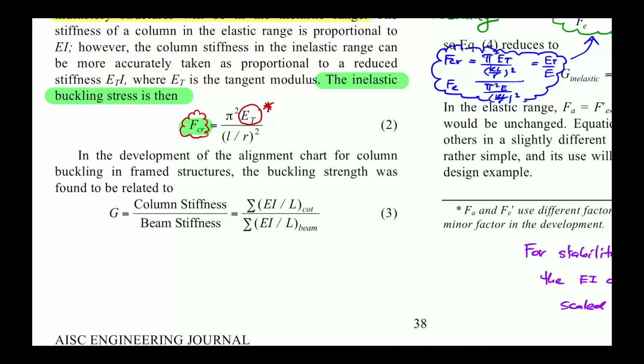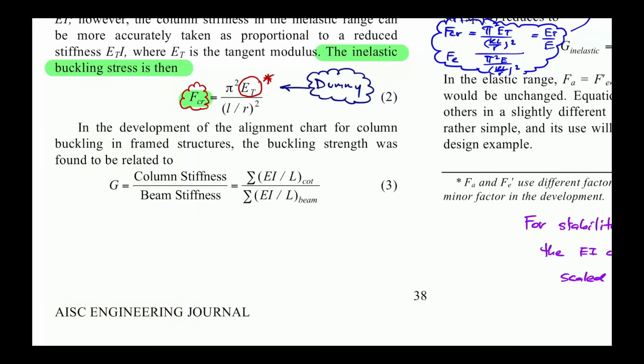So the ET actually is not real. This is just, say, a dummy thing. Because we know that the tangent modulus of steel, when it turns into the inelasticity, when it is yielding, is just zero. You know of that. But the ET over here is pretty much like the concept we used to talk about.